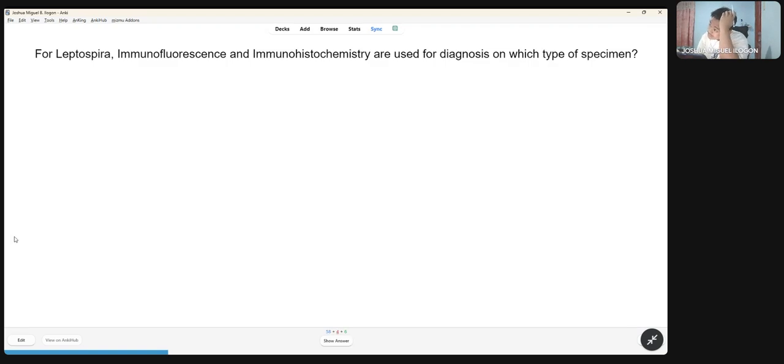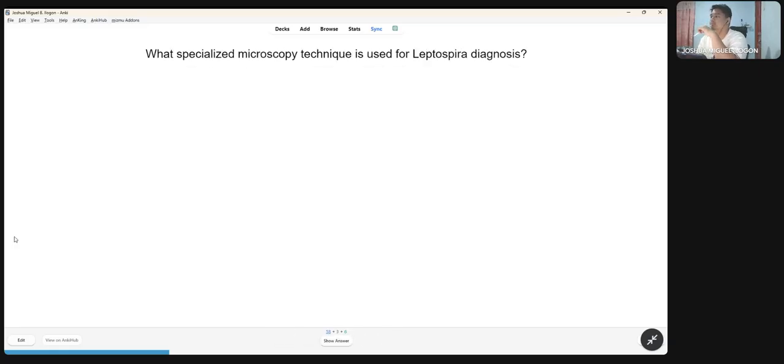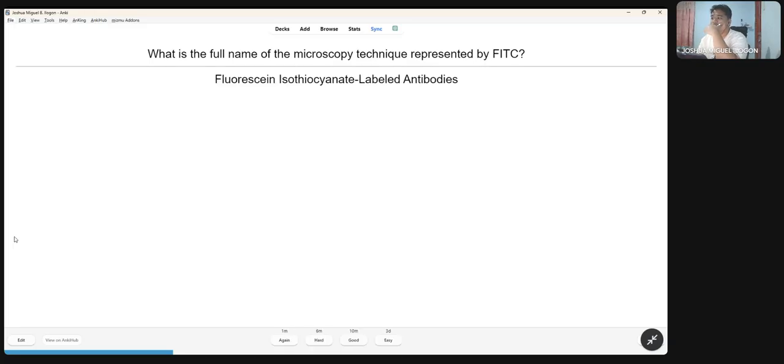Tissues. Please don't do dark field. Fluorescein isothiocyanate. I am not gonna write all of that.